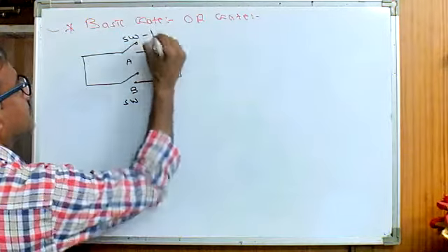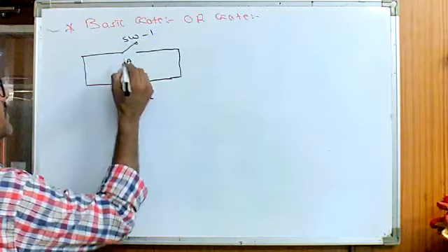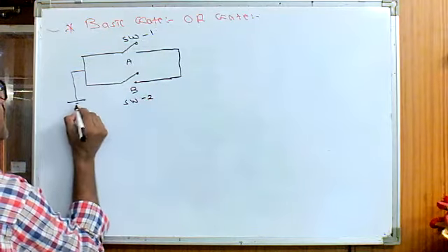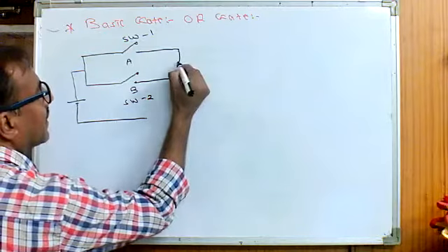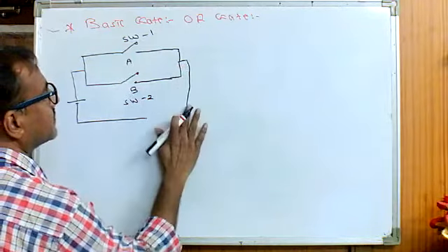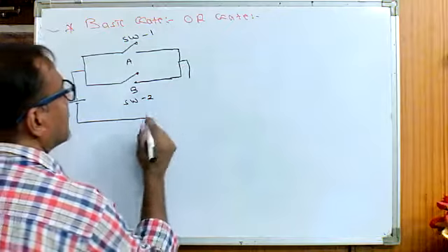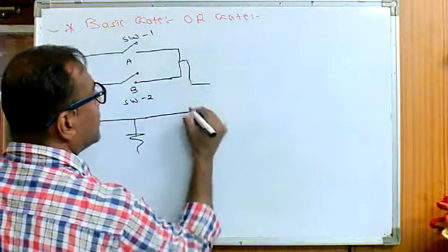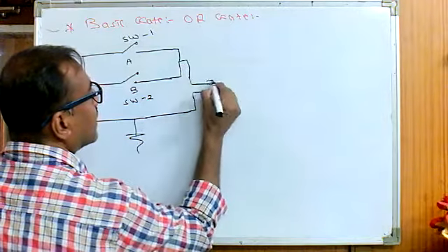Switch 1 and switch 2 mean switch A and switch B. A supply voltage of 5 volts is applied, here is the ground, and here the output LED.